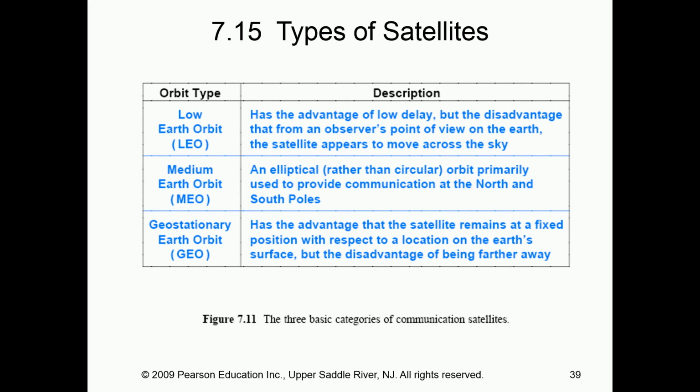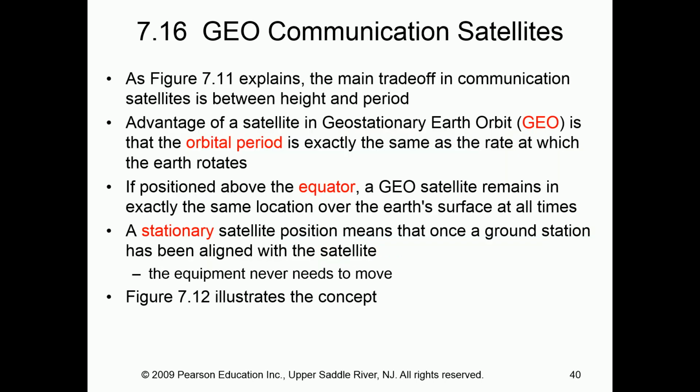It just wants to stay above a very specific geographic spot all the time. For our geostationary, normally they are at our equator and they stay stationary. Basically, they rotate at the same speed that the Earth rotates, so it seems as if they are there.